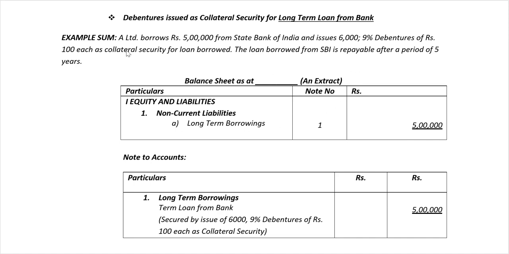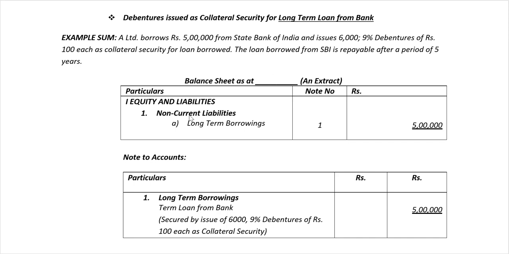The example is A Limited borrows Rs 5 lakh from State Bank of India and issues 6,000 9% debentures of rupees 100 each as collateral security for the loan borrowed. The loan borrowed from SBI is repayable after a period of 5 years. So now we know that the loan is to be repaid only after a period of 5 years.